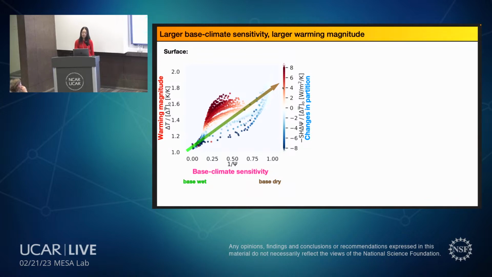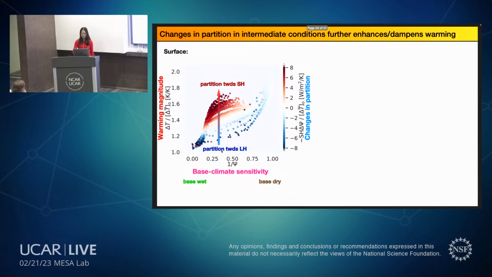A place that is drier in the base climate will warm more. And beyond this general quasi-linear relationship, in the intermediate conditions between wet and dry, the changes in partition further enhance or dampen the warming for a given base climate sensitivity.